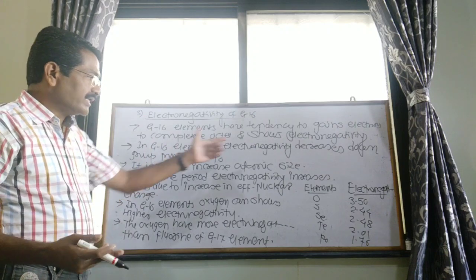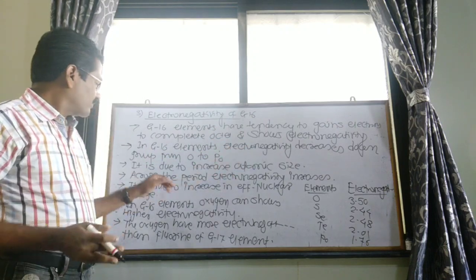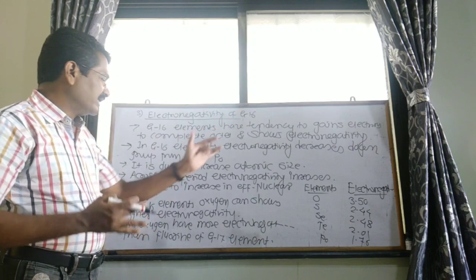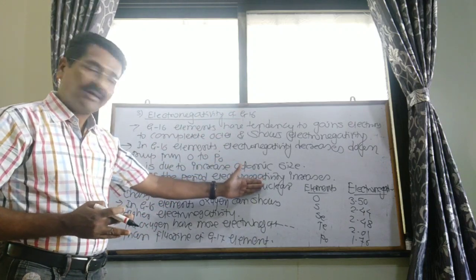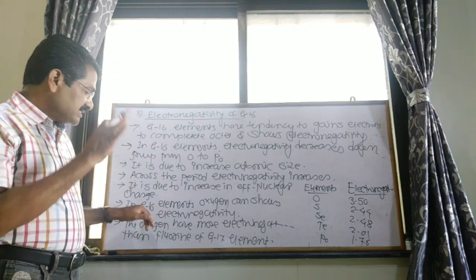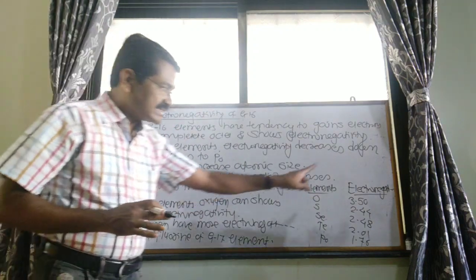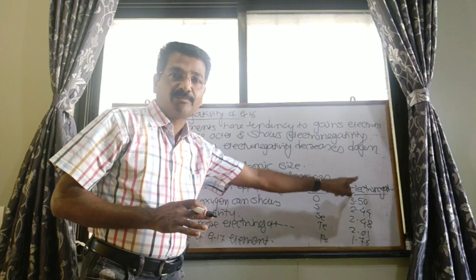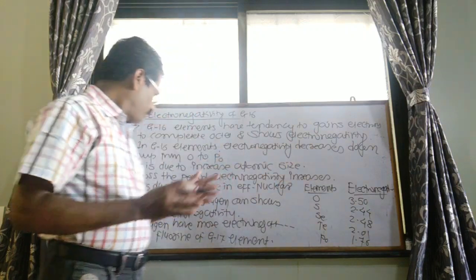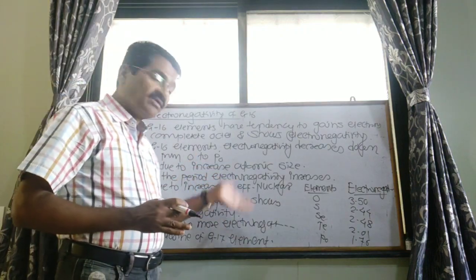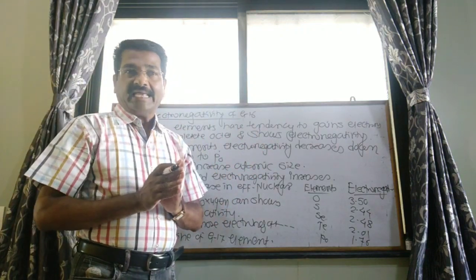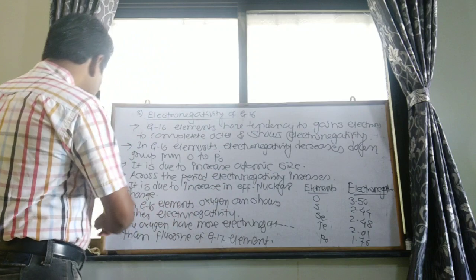Why? It is due to increase in atomic size. Across the period, electronegativity increases due to increase in effective nuclear charge. In G16, oxygen possesses higher electronegativity, that is 3.5, and it is more than that of fluorine of G17 elements. So this is the electronegativity.